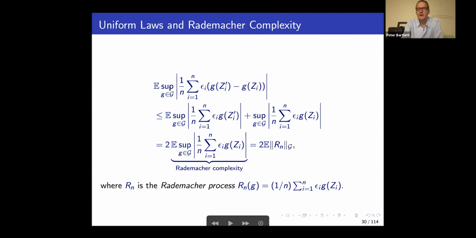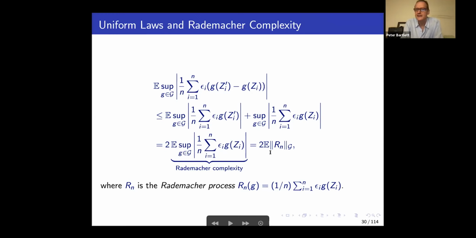And actually, I upper bounded it by taking a separate supremum on each side. And of course, I'm taking the expectation of these two terms. Okay, but now look what we've got. These zi primes and zi's have the same distribution. We have the expectation of exactly the same random variable here added together twice. So that's twice the expected supremum of one of these terms, which is exactly the Rademacher complexity.